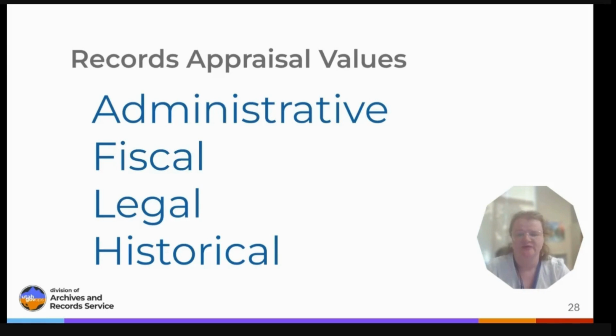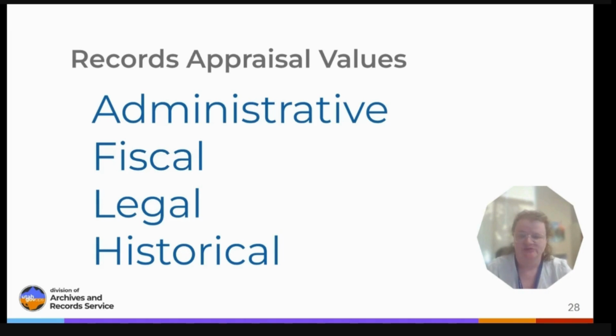Records can be valuable in different ways. They can be administratively valuable for as long as they are needed to carry out the functions of the government entity. They can be fiscally valuable if they are needed to document the expenditure of public funds and to fulfill government financial obligations. They can be legally valuable if they are needed to provide evidence of the legal rights or obligations of the government or its citizens, or to ensure compliance with laws and regulations.